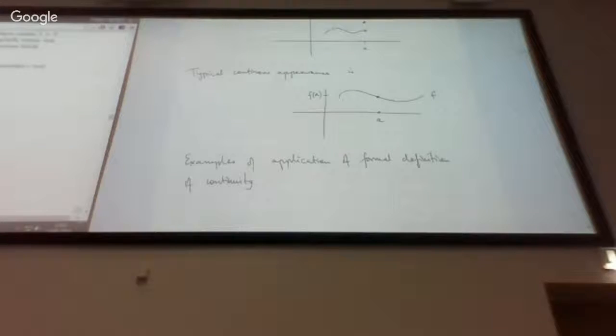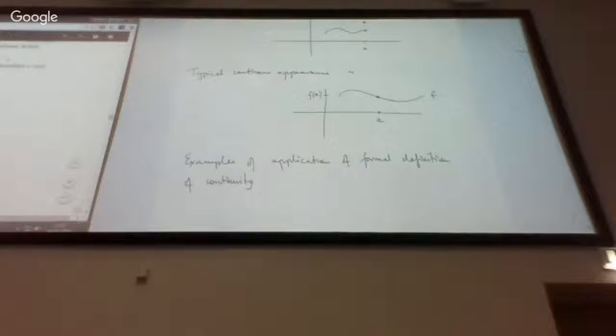And the idea is that as epsilon gets small, the delta will probably have to get small as well. If you're asking for the values to be very close to f of a, you're probably going to have to go quite close to a. So no matter what value of epsilon you're given, if the function is continuous at a, it must be possible to find a delta which has this property.